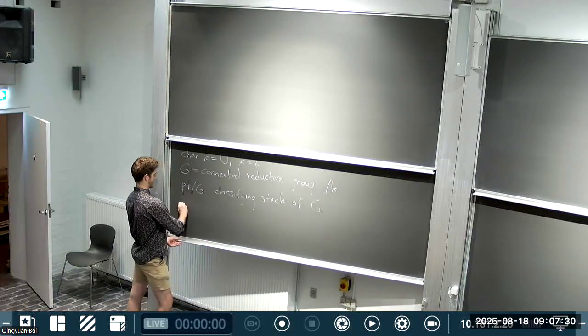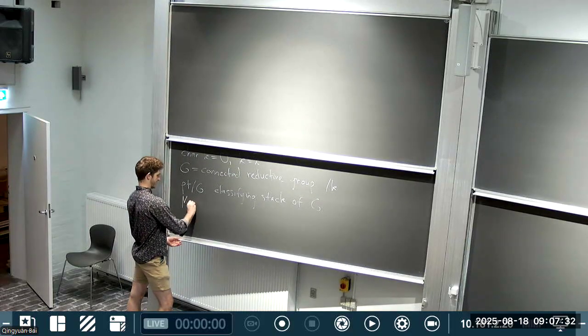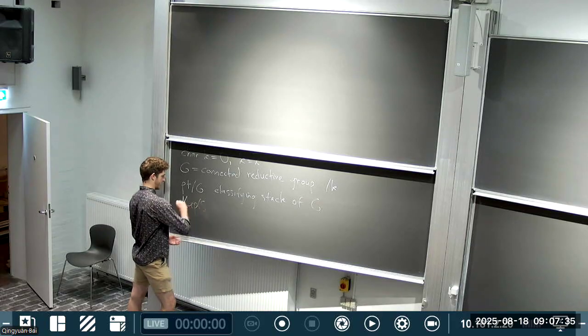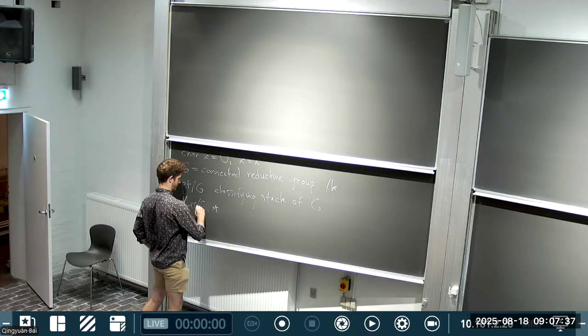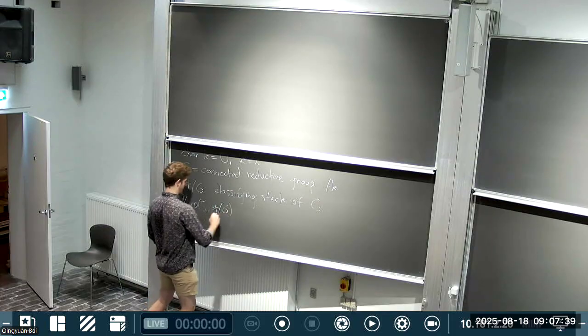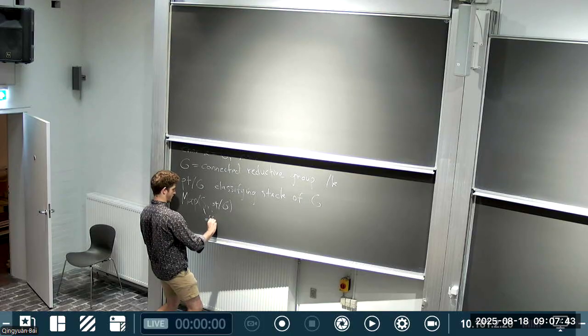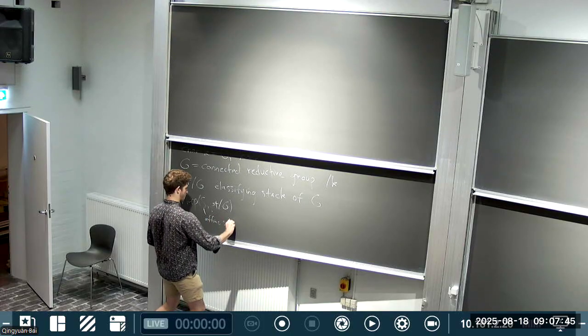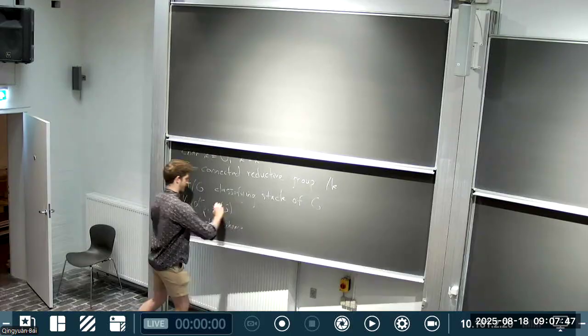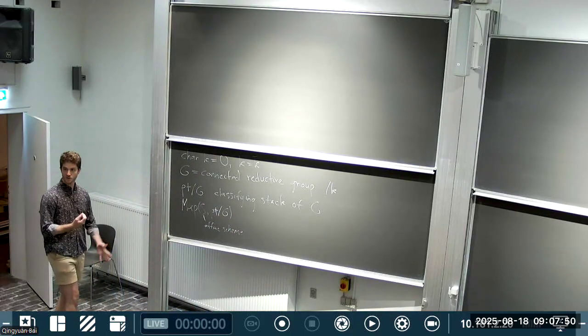So first of all, what is this thing? Well, as a stack, it's classified by its points. So if S is an affine scheme, so S will always denote a test affine scheme, to specify this gadget as a stack, I just need to specify maps into it.